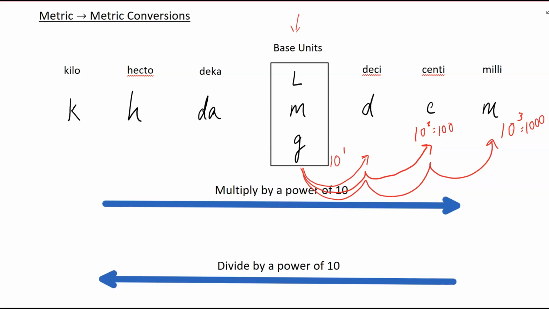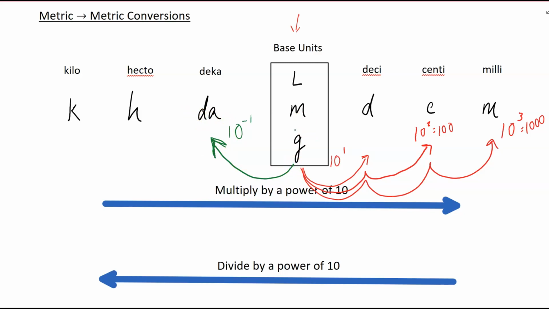Going in the other direction, when we go from meters to decameters, a decameter is 10 times larger. So there are 10 meters in a decameter. The unit is 10 times larger, so in terms of the number of decameters to equal a meter, it will be 10 to the minus 1, because the number of decameters would be smaller than the number of meters.